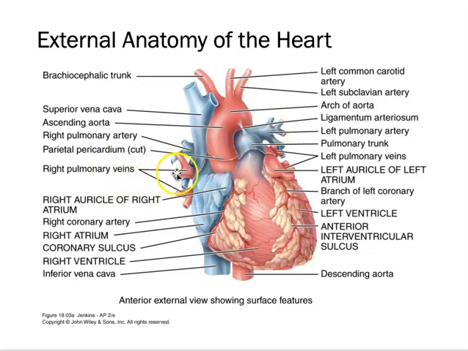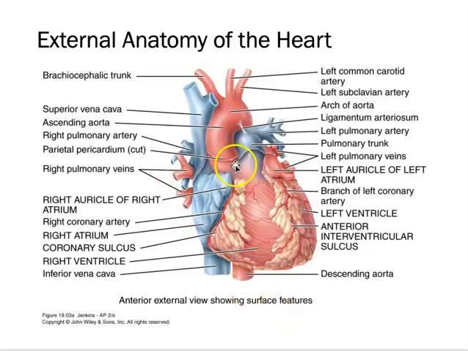So what you'll notice here are the veins that are coming back from the lungs are actually red because they have now picked up oxygen and are bringing it back to the heart for the heart to pump out to the rest of the body. So this will be one of those places that you really need to be careful with your arteries and veins because the color is going to be reversed in that pulmonary circuit.